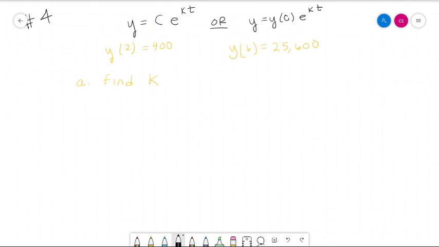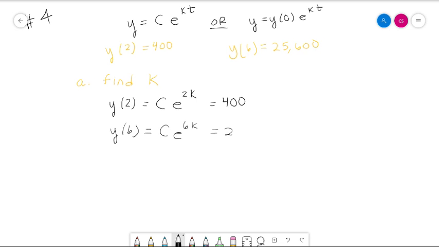And so let's plug in time t equals 2 to our equation like that. And we know this equals 400. And then we're going to plug in 6 and we know it's going to equal this.